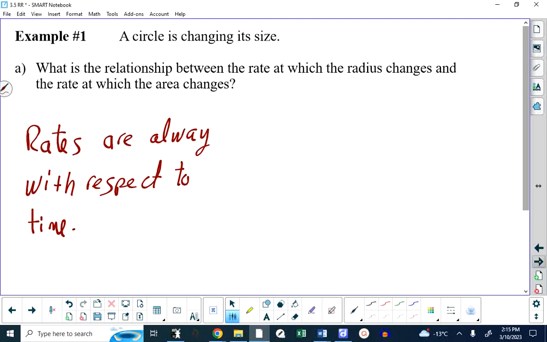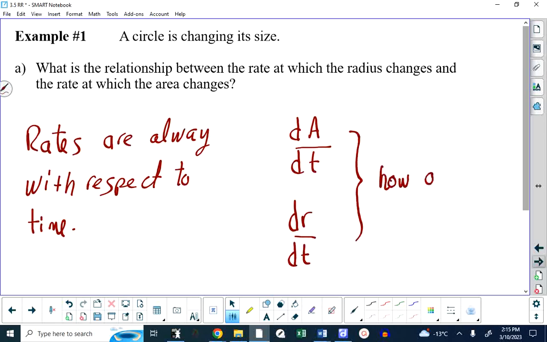So in this question, what you were asked for is the relationship between dA/dt and dr/dt. The question is, how are these related? I mean, if the area of the circle is increasing, the radius is increasing.